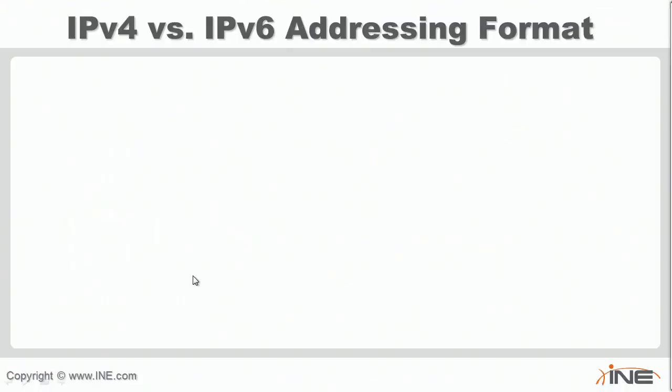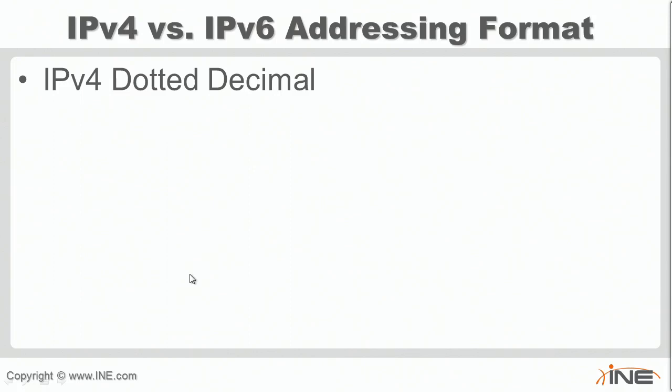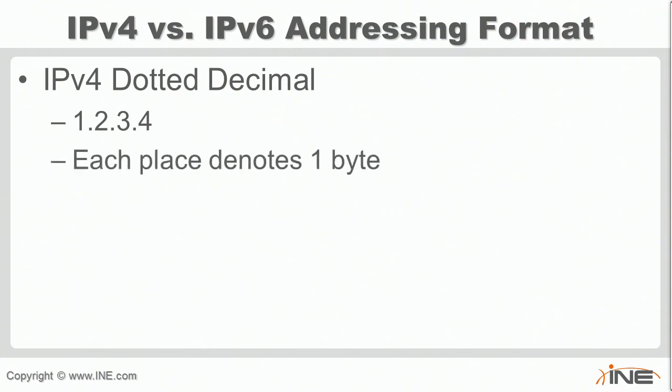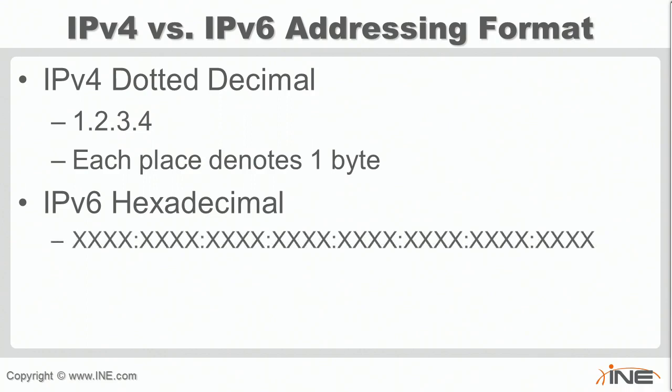When we look at the differences in the addressing format, we talked about the version 4 addresses that use the dotted decimal format, where each of these values is 1 byte, or 8 bits. So it's a 4-byte long address, or a 32-bit address, where each of these places is denoted by 1 byte. The problem with IPv6 is that the address is so long in 128-bit format that a lot of times it's difficult to denote.